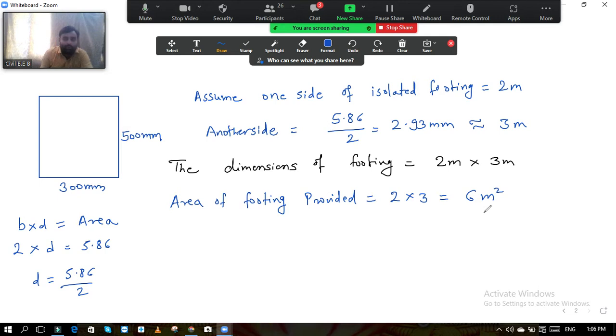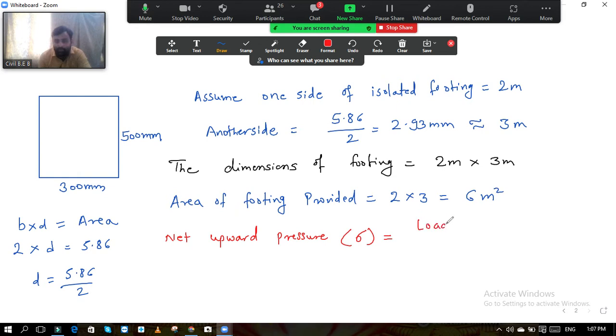After that we will calculate the net upward intensity, the upward intensity of soil pressure. Net upward pressure, we call this sigma, the net upward soil pressure. What is the formula for this?